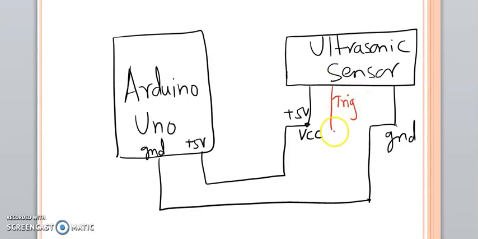The trigger pin is going to initiate the ultrasound, so it is going to be connected to any of the digital IO pins of Arduino. For this configuration, I am going to select pin number 9 and pin number 10. To pin number 9 of Arduino, which is a digital IO pin, I am going to connect the trigger input.